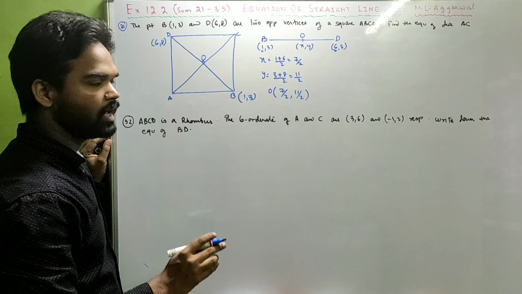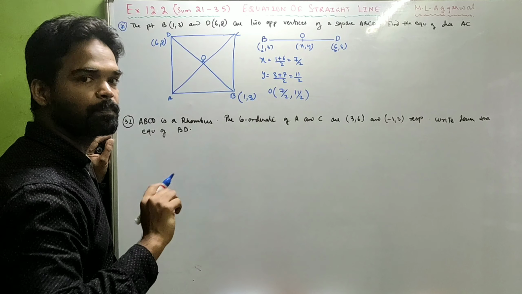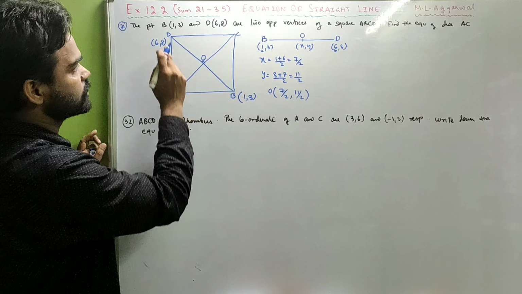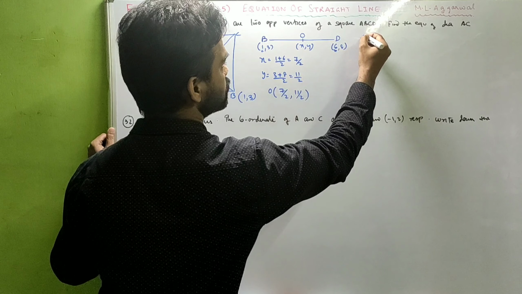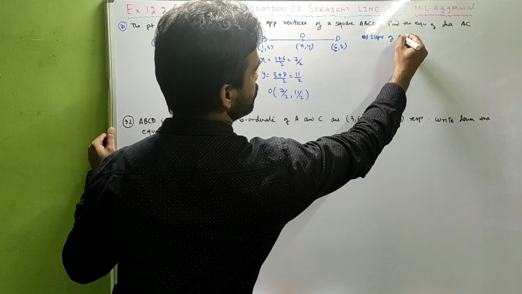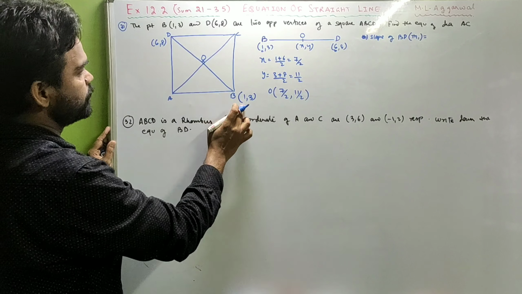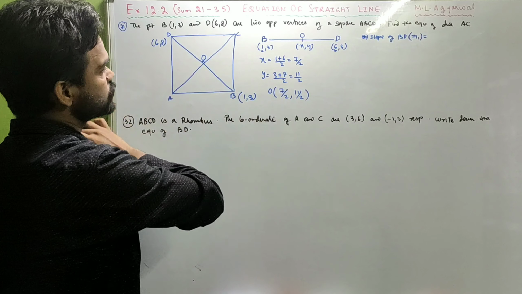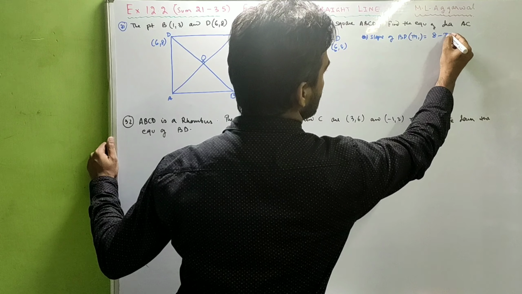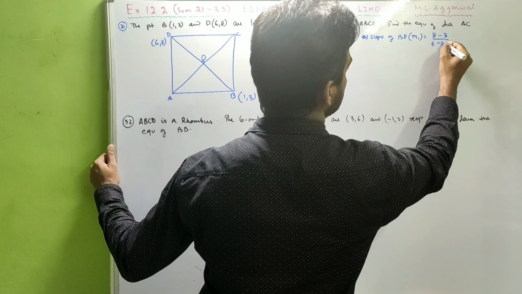Done. Now BD and AC are perpendicular to each other. Let us find the slope of BD first. Slope of BD, suppose that's M1, is (y2 minus y1) that's 8 minus 3, by (x2 minus x1) that's 6 minus 1.